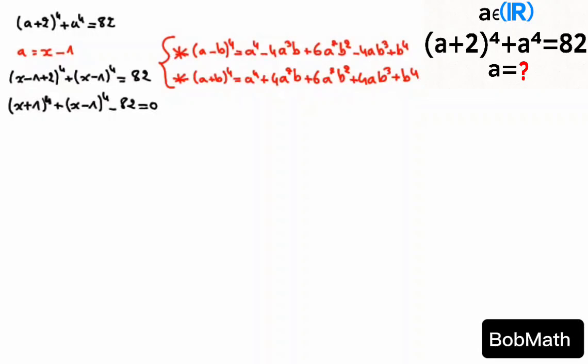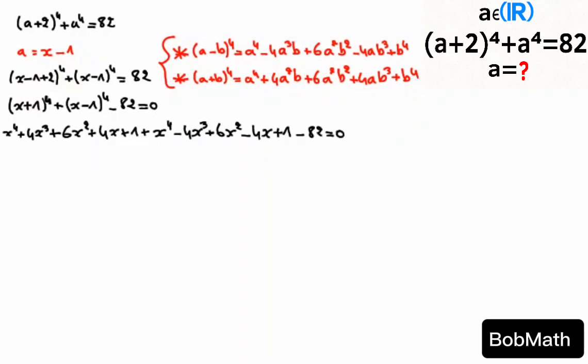So we got x^4 + 4x^3 + 6x^2 + 4x + 1 + x^4 - 4x^3 + 6x^2 - 4x + 1 - 82 = 0. And therefore 2x^4 + 12x^2 + 2 - 82 = 0.